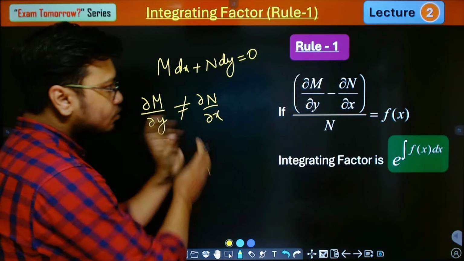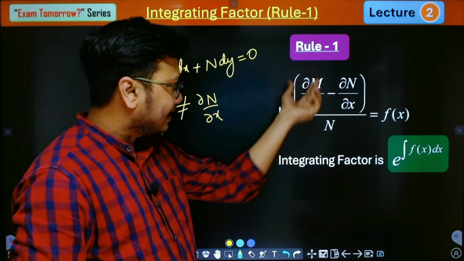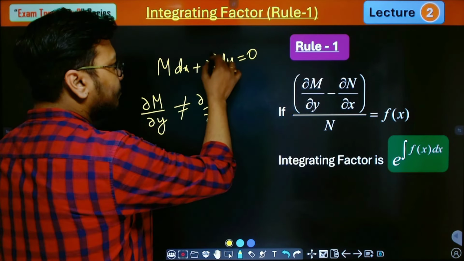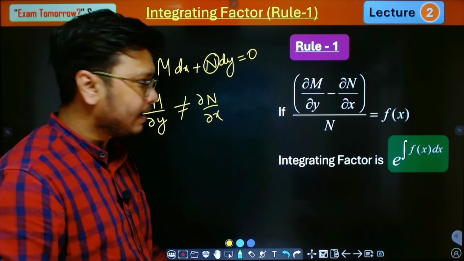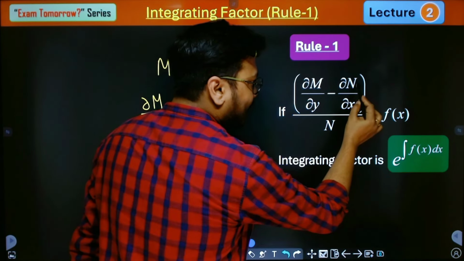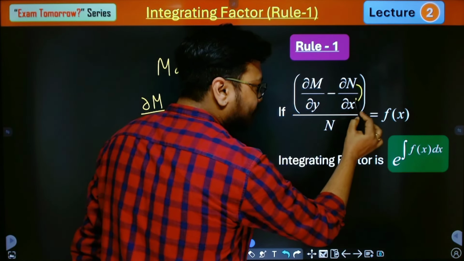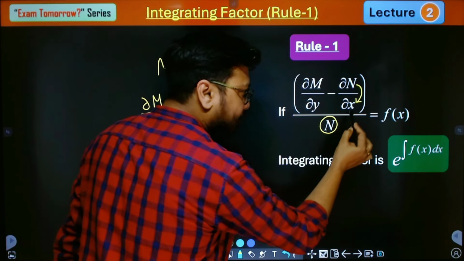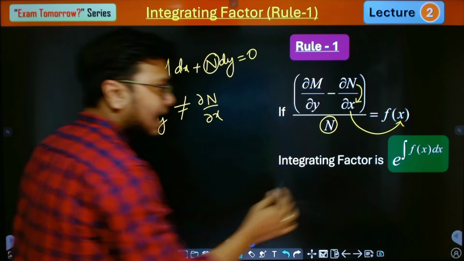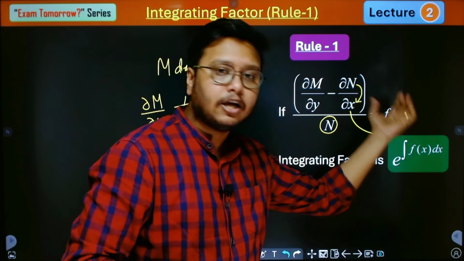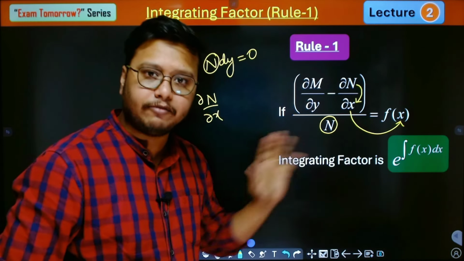What I'm going to do is subtract them, del M del y minus del N del x, and then divide it by N. An easy way to remember this is that I am partially differentiating N with respect to x. So if I am dividing by N, the function also has to be a function of x completely. No term of y should be left behind after the division.